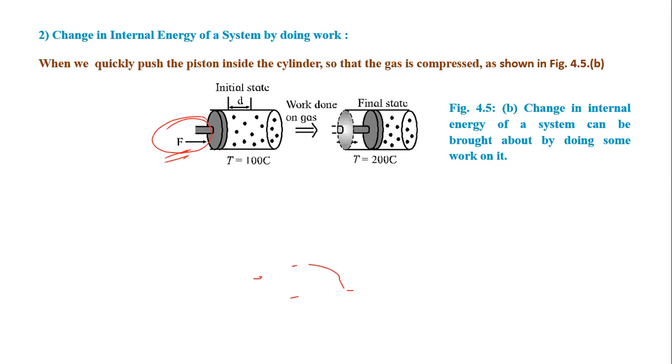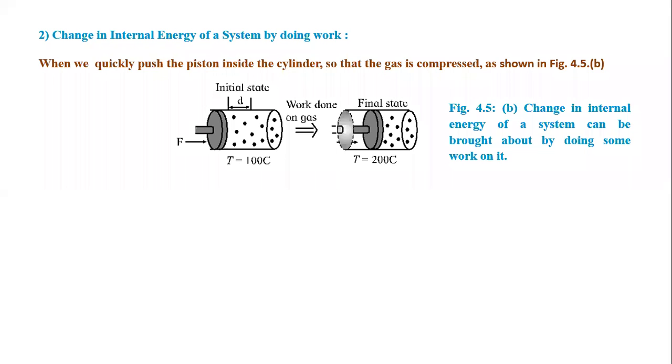In the initial state the temperature is 100 degrees Celsius. When we push the piston, it compresses and the temperature is 200 degrees Celsius. Means temperature increased. Temperature increased means obviously internal energy increased.